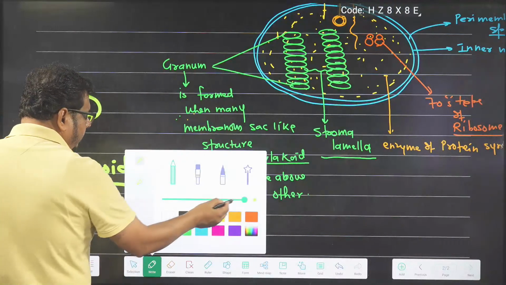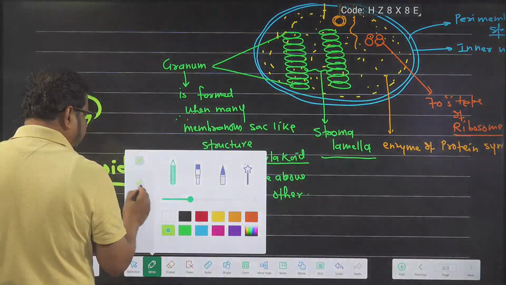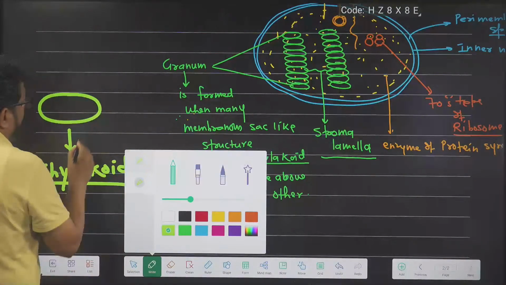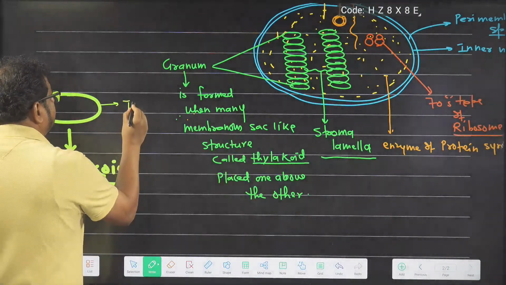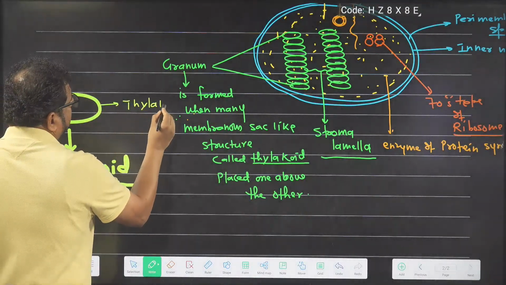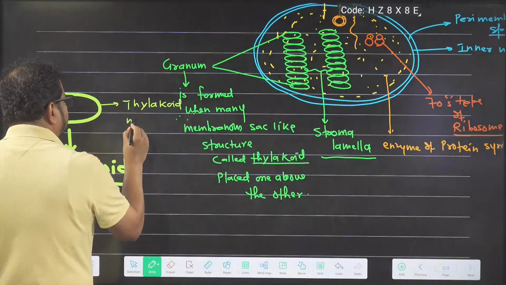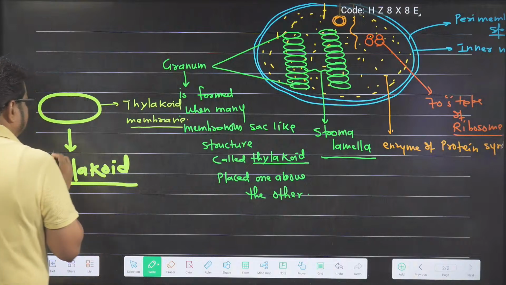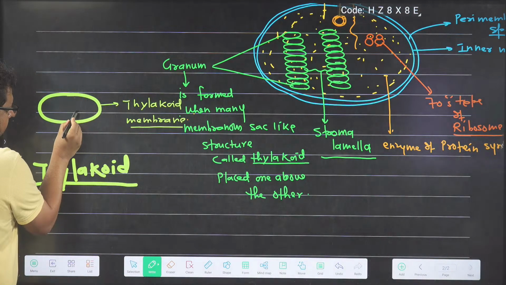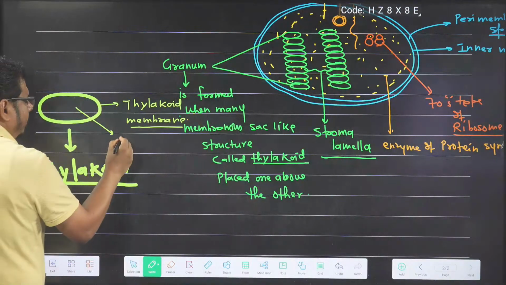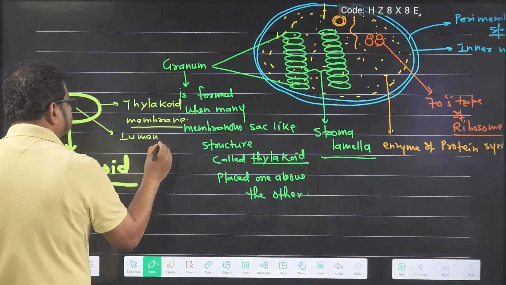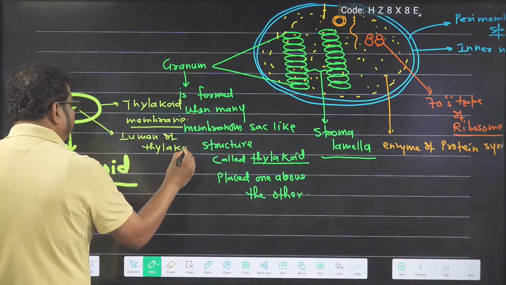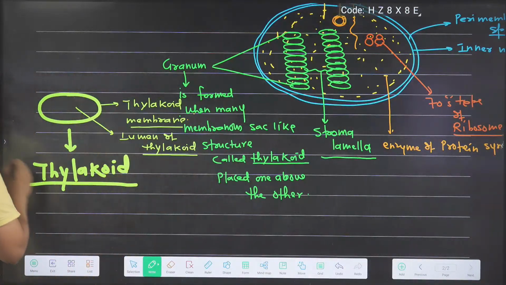If you talk about this thylakoid, it has two components. This one is called thylakoid membrane. And the space surrounded by the membrane is called the lumen of thylakoid. So it is a membranous structure that is called thylakoid.